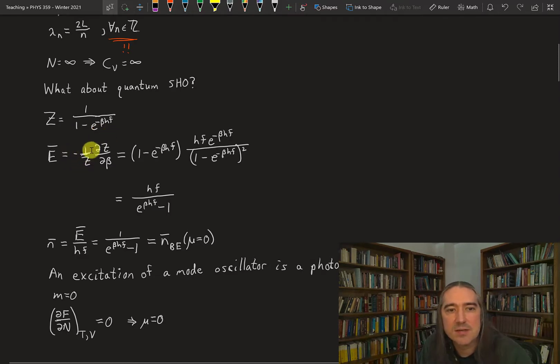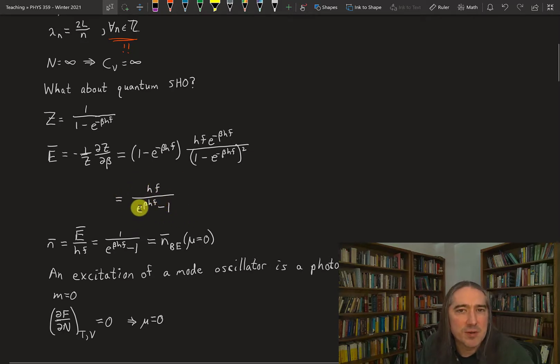Minus 1 over z, dz d beta. Okay, hopefully that sounds familiar. This is your average energy. And just churn through the derivatives, we get hf, right? So Planck's constant times the frequency over e to the beta hf minus 1. And okay, so that gives us an energy.